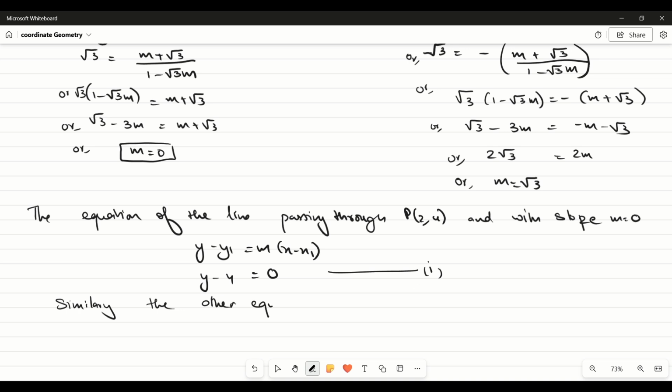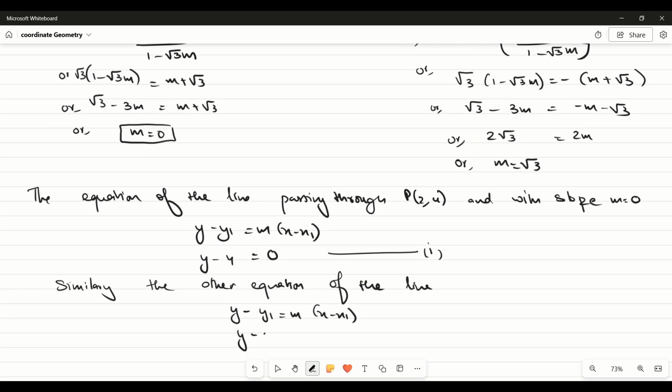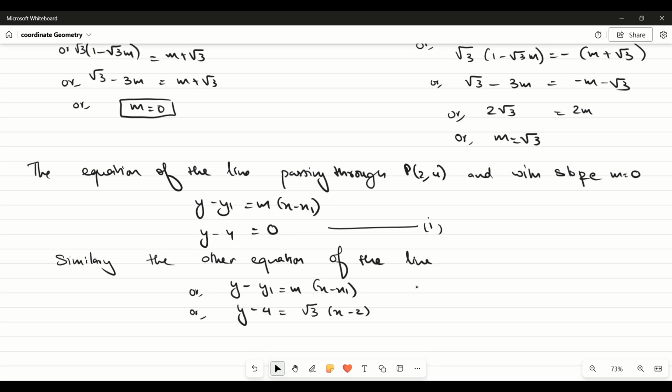Similarly, the other equation of the line is y minus y1 equals m times (x minus x1). So what's y1? It's 4, and what's m in this case? Root 3.